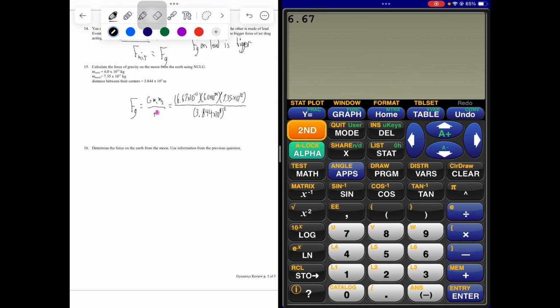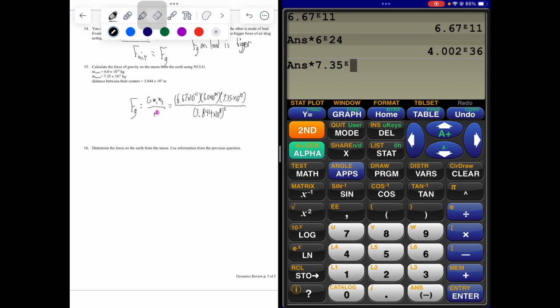6.67 times 10 to the negative 11th. Multiply by 6 times 10 to the 24th. Multiply by 7.35 times 10 to the 22nd. Divide by 3.844 times 10 to the power of the 8th. That whole thing squared.